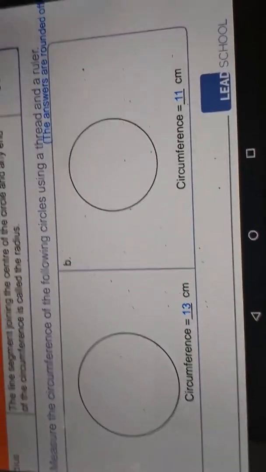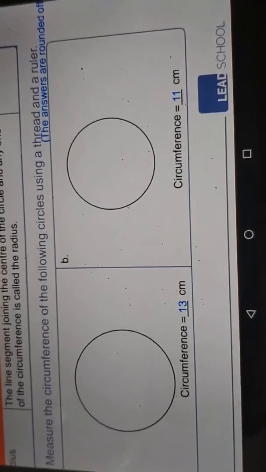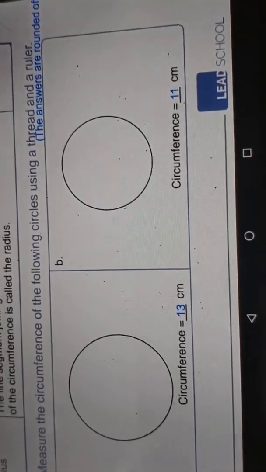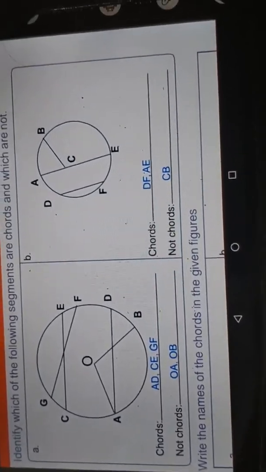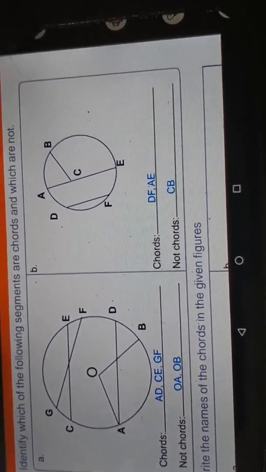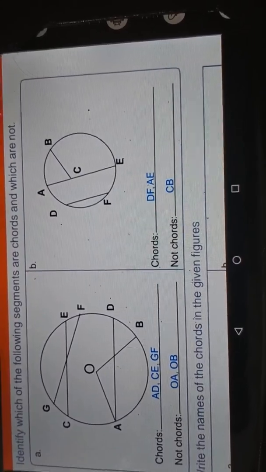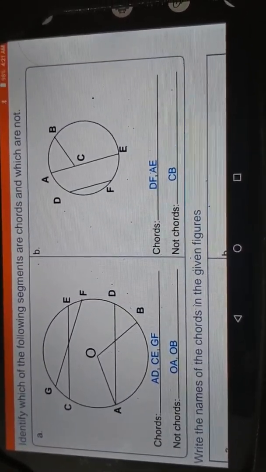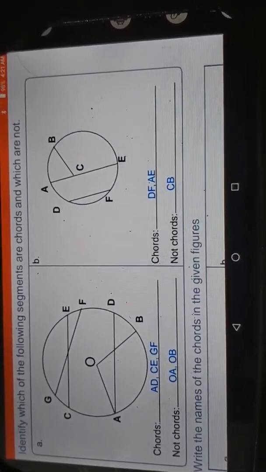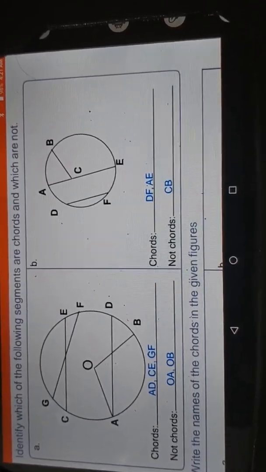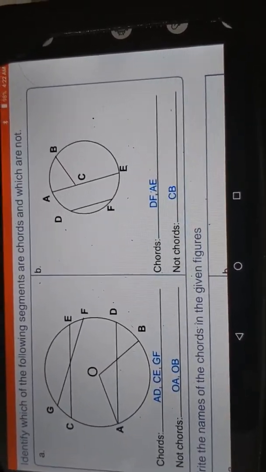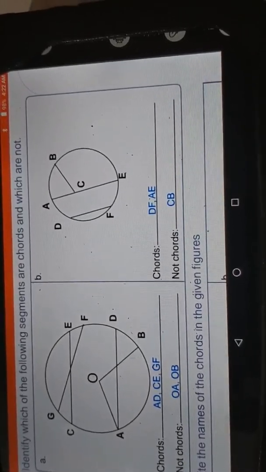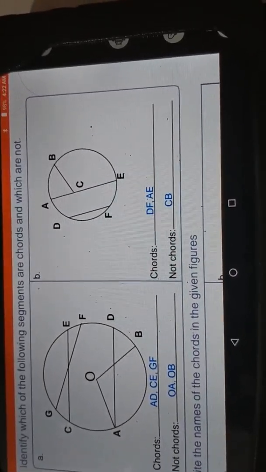Now we'll start the second worksheet. Worksheet number 2 we have to start now. Okay students, now look at here. Worksheet number 2 is to identify which of the following segments are chords and which are not. So students, here are the line segments CF, GF, AD, OB, and AO.